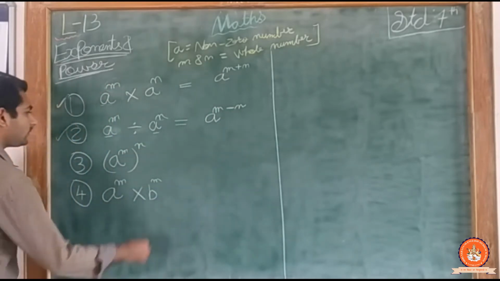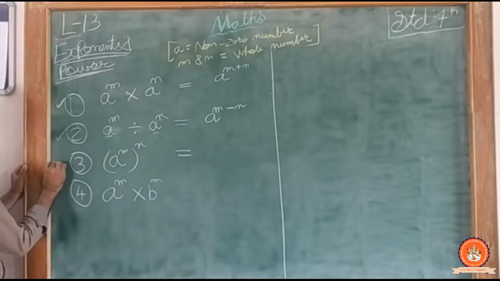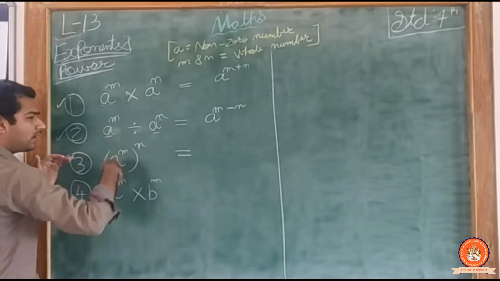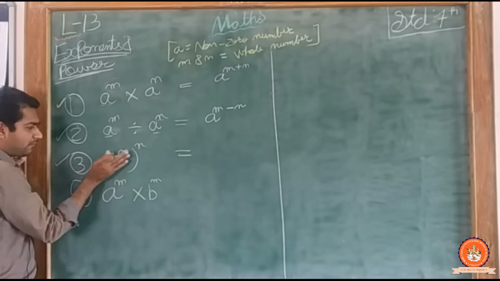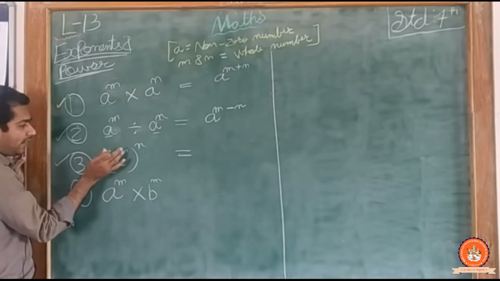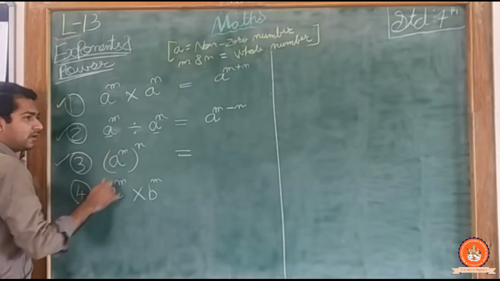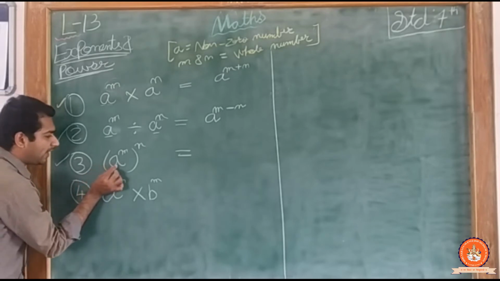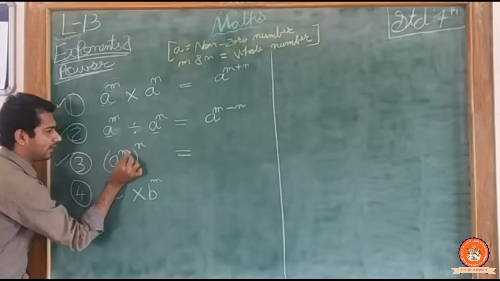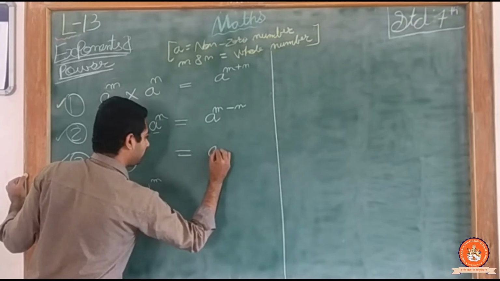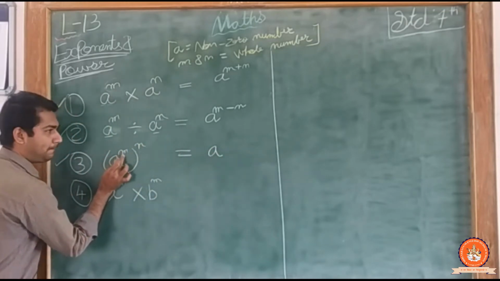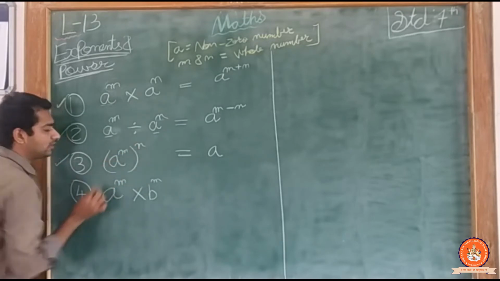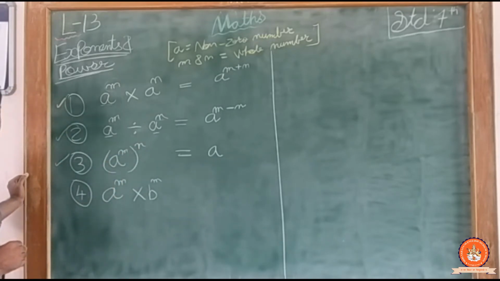Clear? Now the third formula, a raised to m whole raised to n. This is my first term inside the bracket, and the whole bracket is powered with n. So it becomes a raised to m whole n, which becomes a raised to m multiplied by n, because there is nothing between this. You can call it a multiplication.